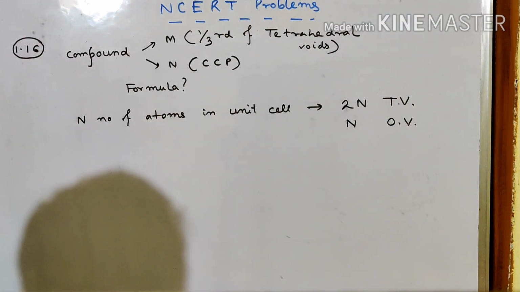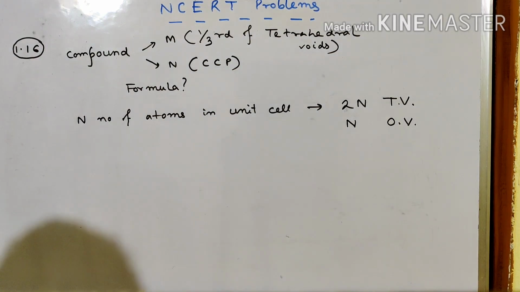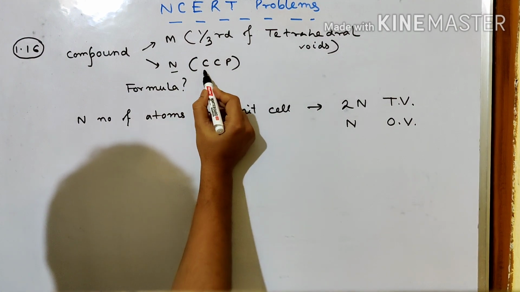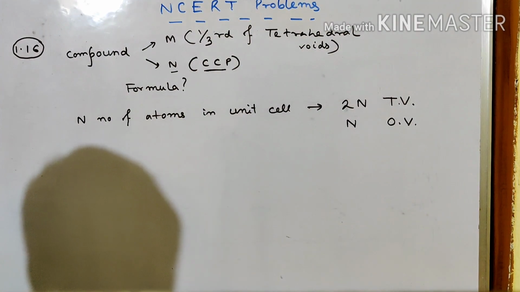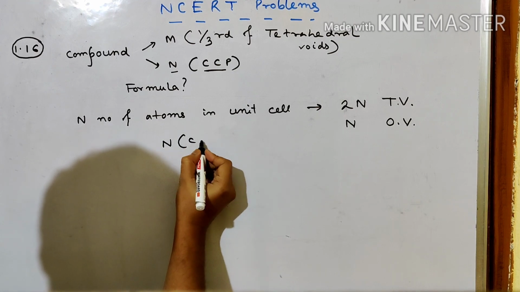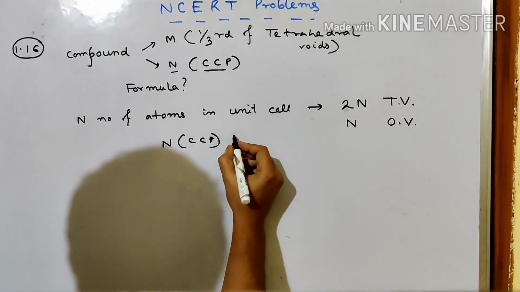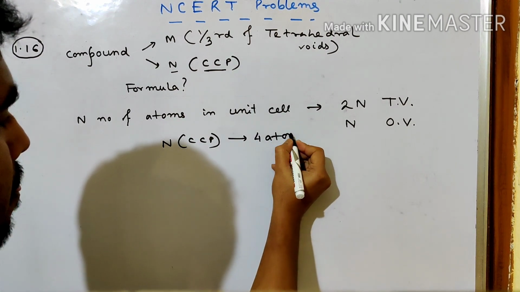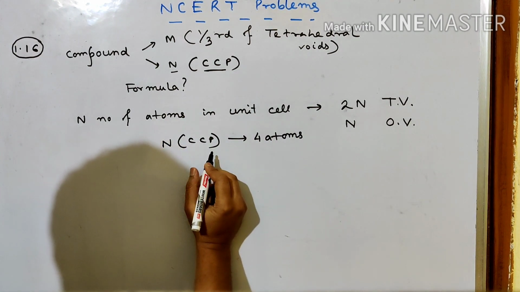Based on that we are going to solve it. So now see, N forms a CCP structure. If N is in CCP, how many atoms are there? There are 4 atoms.